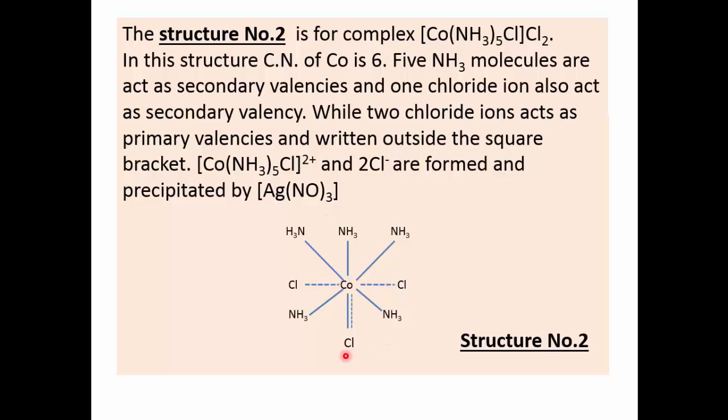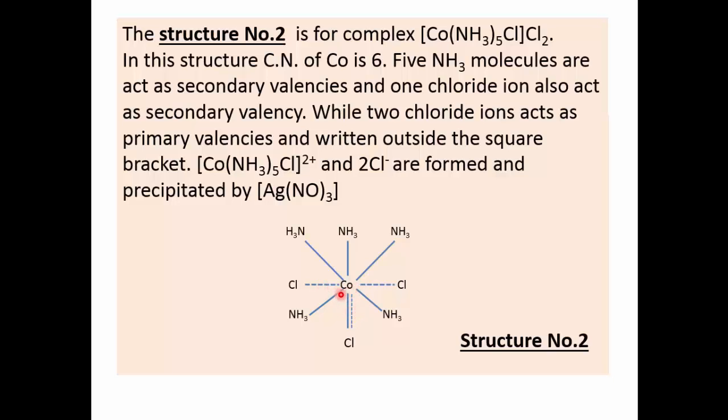Remember well, in this structure the coordination number of cobalt is 6: 5 ammonia molecules and 1 chloride ion act as secondary valency. So see here, 1, 2, 3, 4 and 5. 5 ammonia molecules are attached to the cobalt ion tightly, strongly, and hence shown with the help of this thick line. 1 chloride ion also acts as secondary valency, therefore it is bonded to this cobalt ion with 2 bonds, a thick line as well as a dotted line.